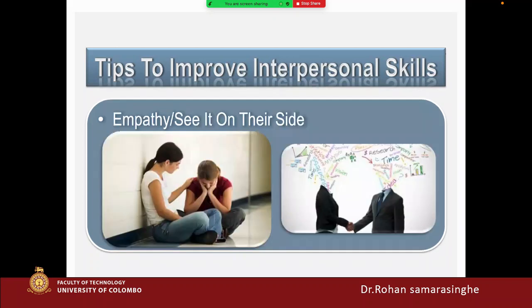And empathy, as well as seeing it from their side. There are two words, sympathy and empathy. When someone tells you the problem he has, first of all, don't say don't take it seriously, or that it is a simple thing.